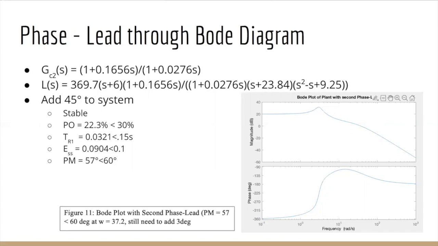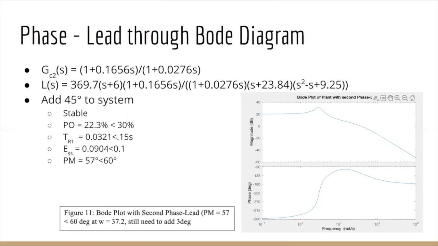To do this, I calculated the cutoff frequency and phase margin of the current compensated system, where omega c was equal to 14.8 and the phase margin was equal to 32.1.